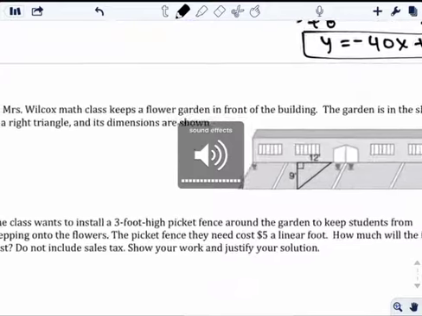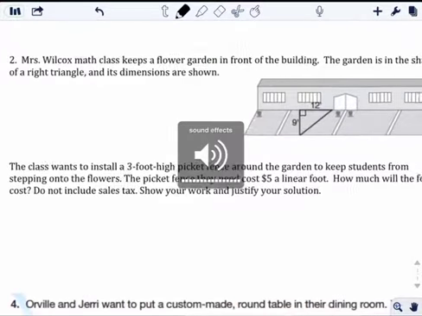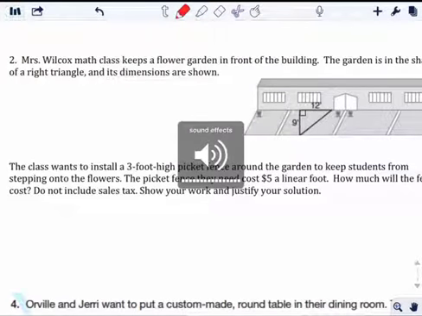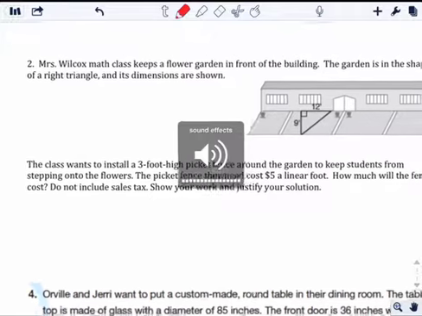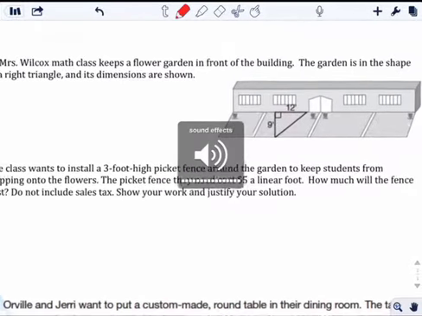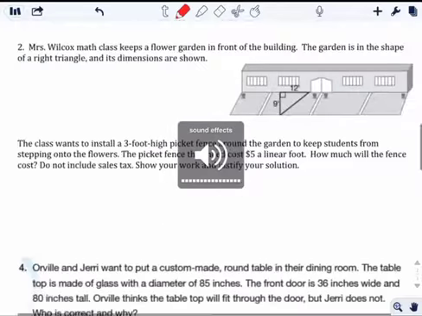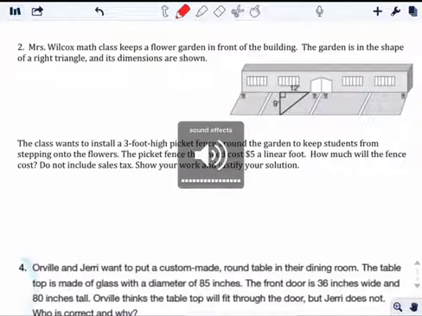Okay, number 2 here. We did this in class, we'll do it again. Mrs. Wilcox's math class keeps a flower garden in front of the building. The garden is shown to the right, and its dimensions are shown. Class wants to install a 3-foot high picket fence around the garden to keep students from stepping into the flowers.